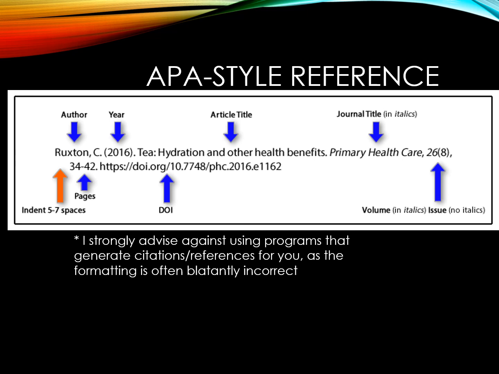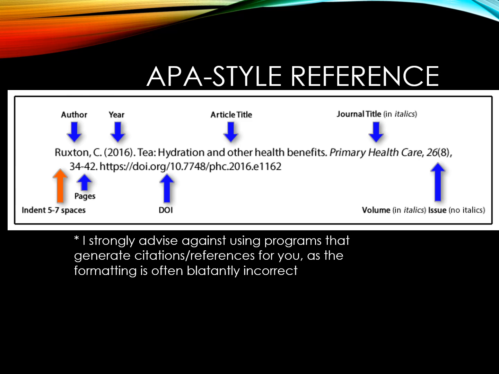Then, when you're done citing all of the authors, you're going to include the year of publication in parentheses followed by a period. Okay. Next comes the article title.